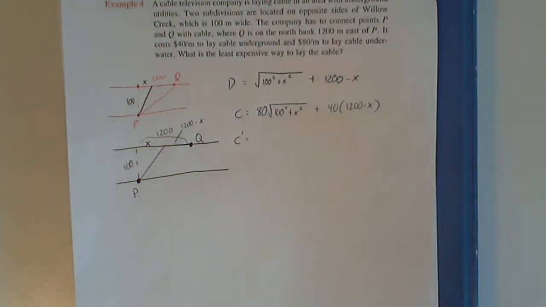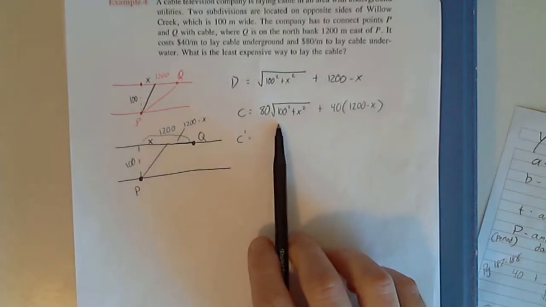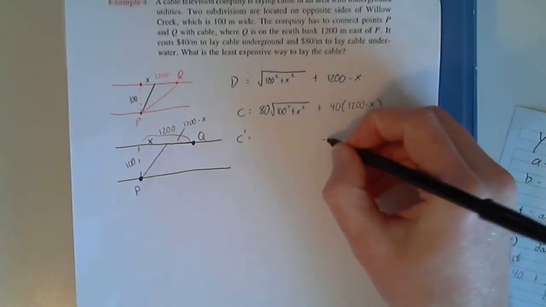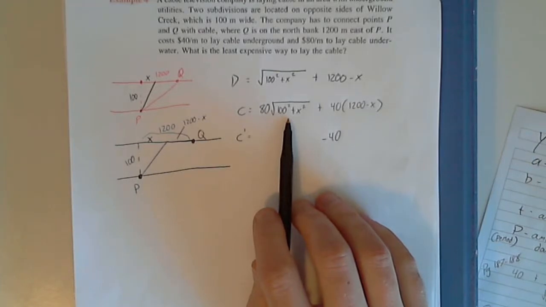Sorry, let me just look at my notes. Yeah, I think that's right. I did it a little bit different, yeah, I did. So that's just a number, and that's -40x. So -40 over there. And then over here, you need to find the derivative of this whole guy.